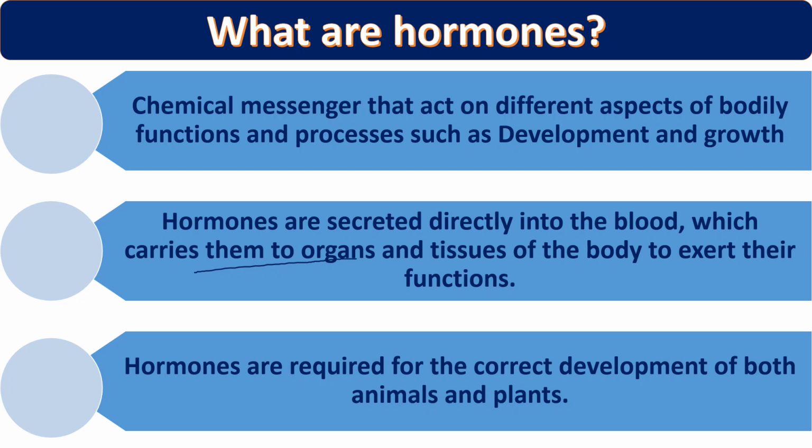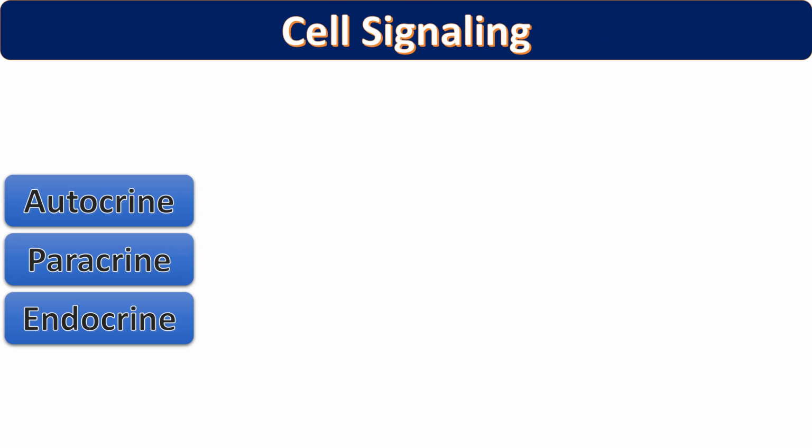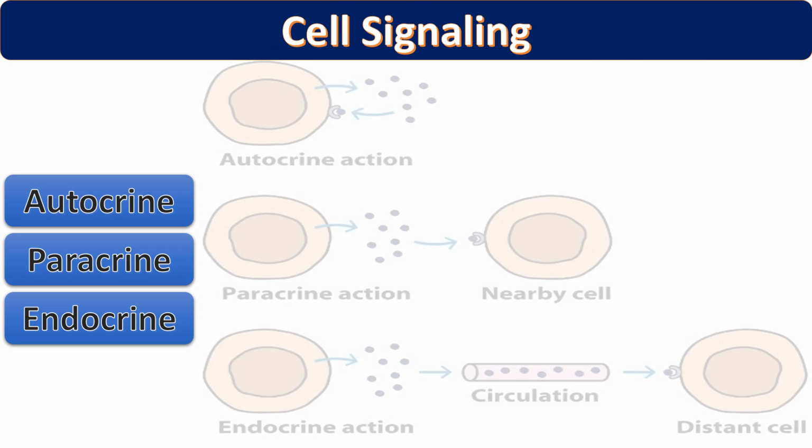In the human body, hormones are used for different types of communication. Whenever a system produces a secretion, it works in different fashions, called autocrine, paracrine or endocrine. What is the difference between them?